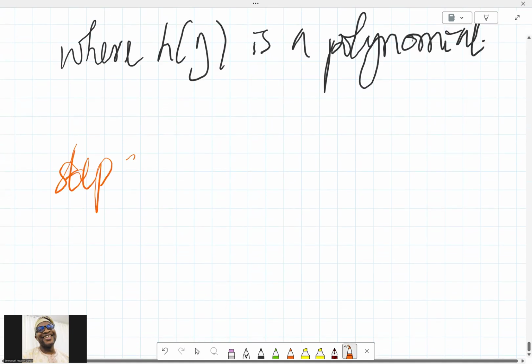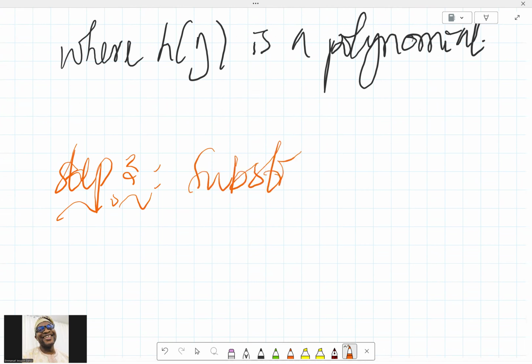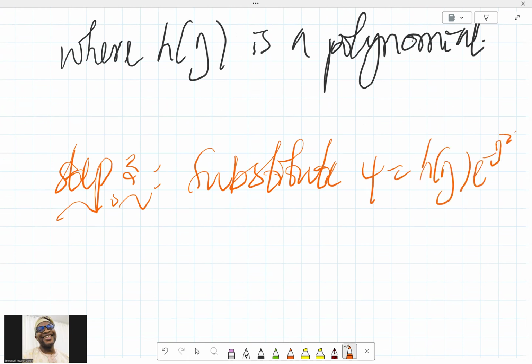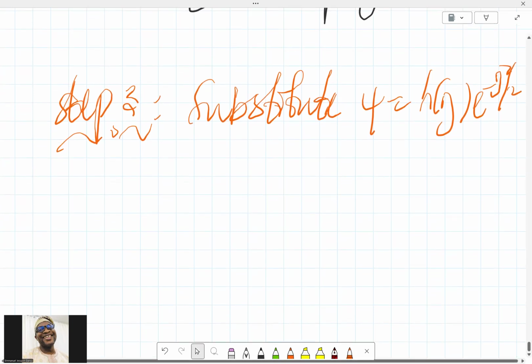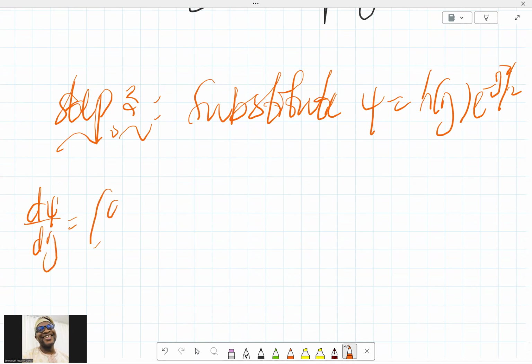Okay, so step 3. In step 3, we substitute psi equals h of eta e raised to power minus eta squared over 2, so that we now have d psi d eta equals d h d eta minus eta h, times e raised to power minus eta squared over 2 on one side.